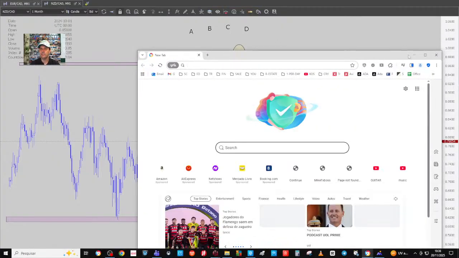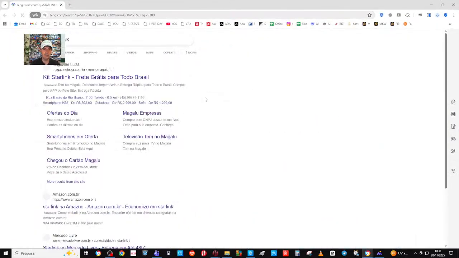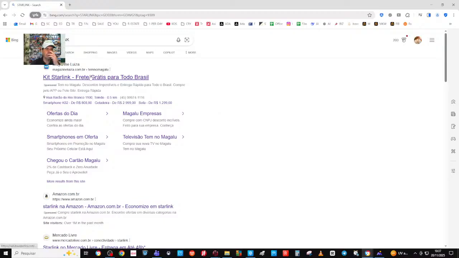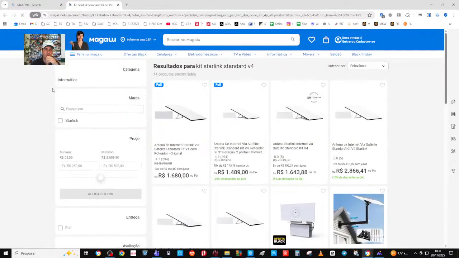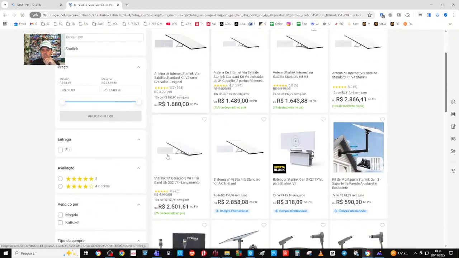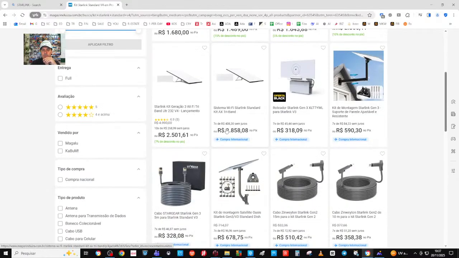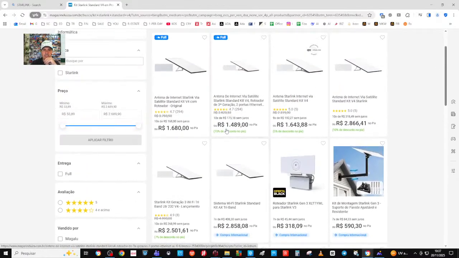Romildo, let me see. Starlink, frete grátis, Magazine Luiza, kit Starlinks, Romildo, deixa ver quanto custa. If you're without the internet, everybody. 1,400 reais, roughly 1,500 reais.